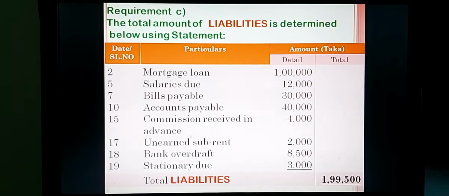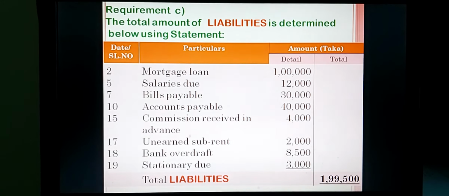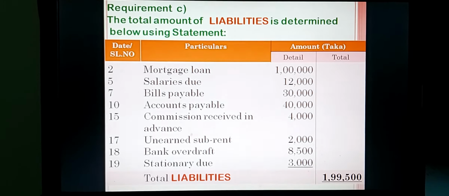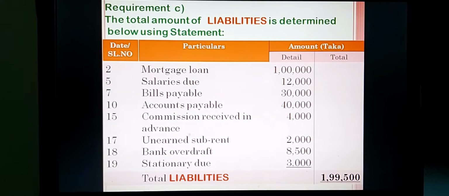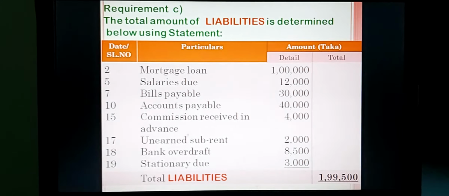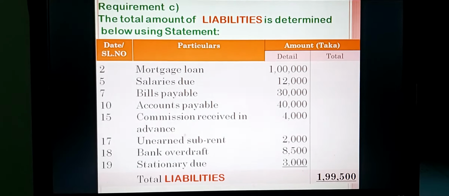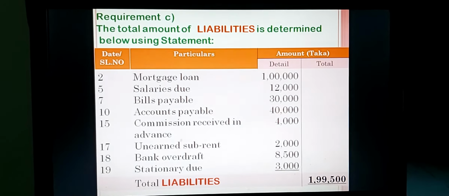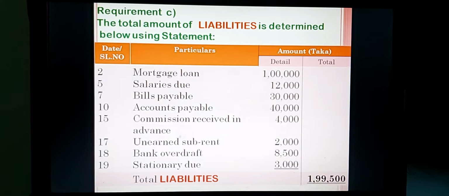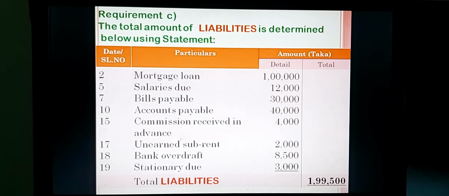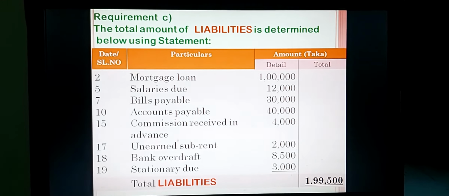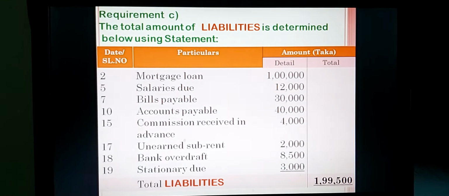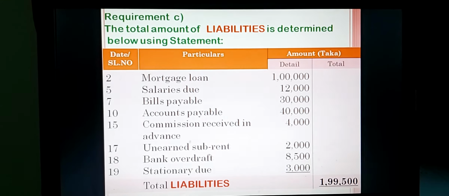I have already told in the previous lesson: loan, bank loan, mortgage loan, bond or debenture. These items are related to liabilities. In future, the businessman has to pay to the creditors. So loan is one kind of liability.